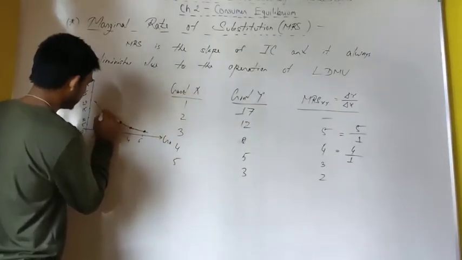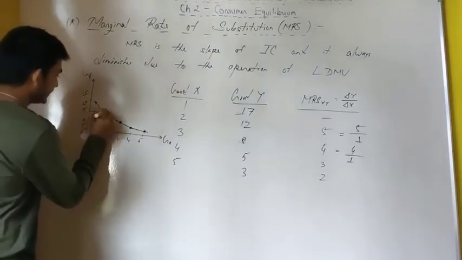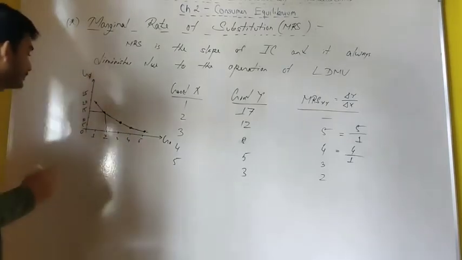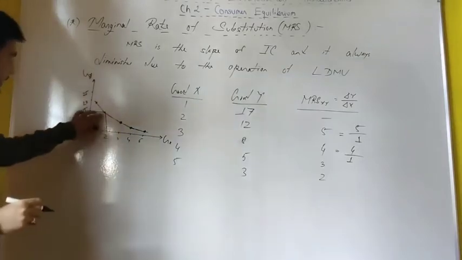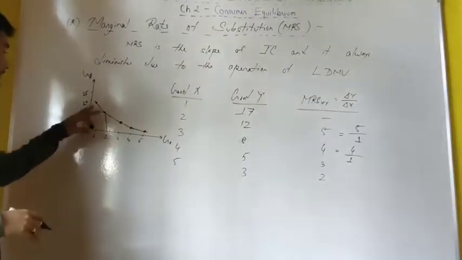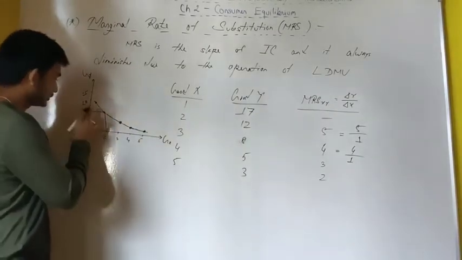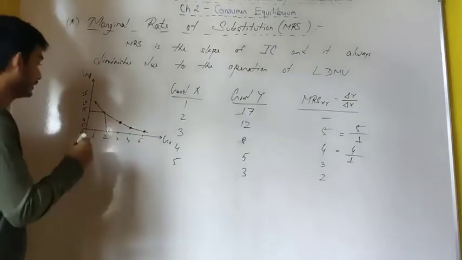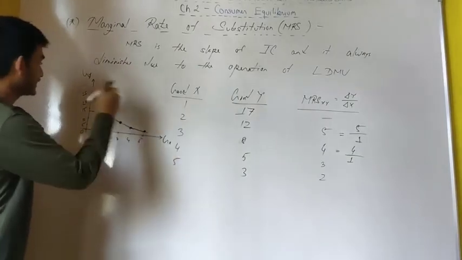These were my points. Now suppose I am at this combination point. My drawing is not perfect because I am not using a scale and pencil, but you please use a scale and pencil so that your diagram will be perfect. Now suppose this was the second combination.